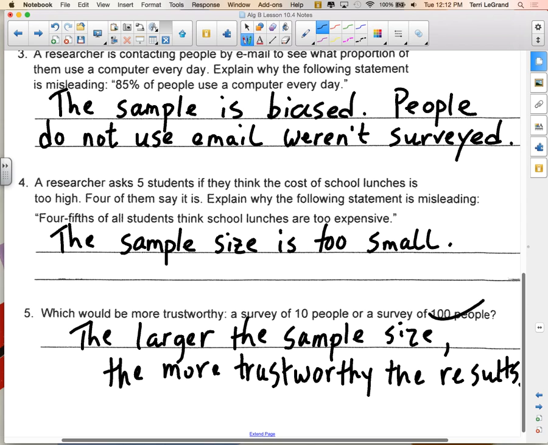End of sentence. And we're going to circle 100 people, not 10.